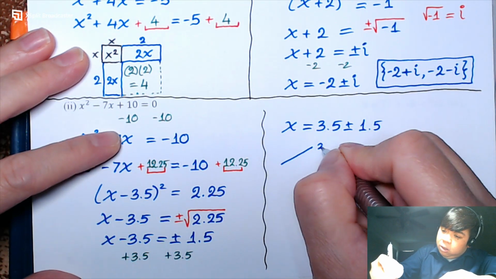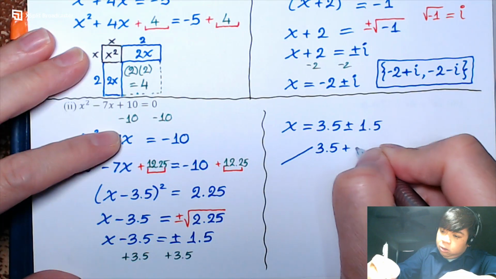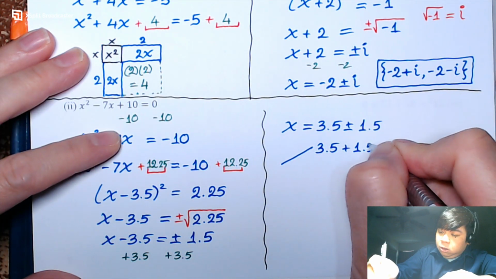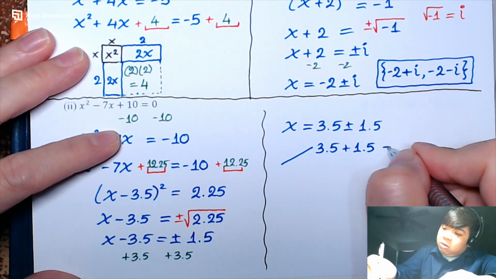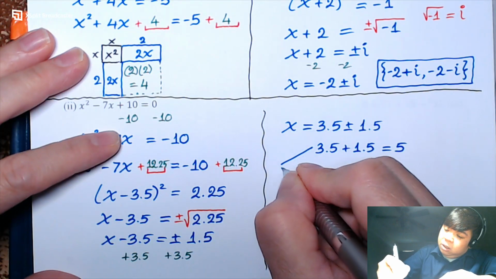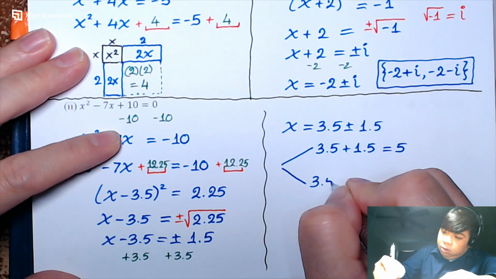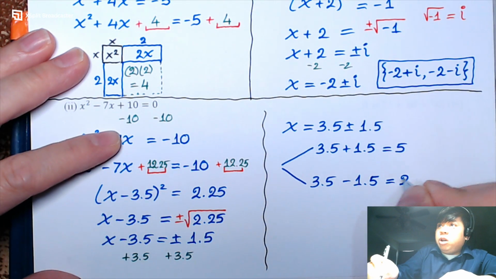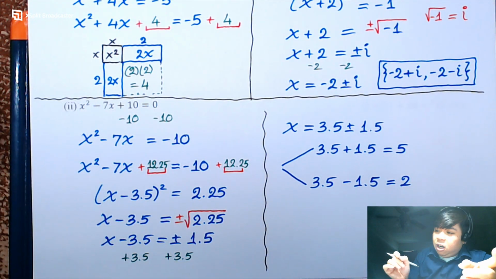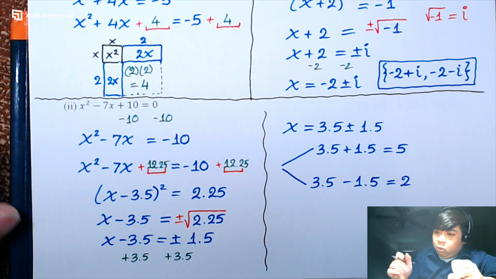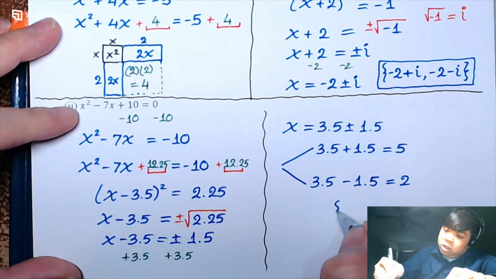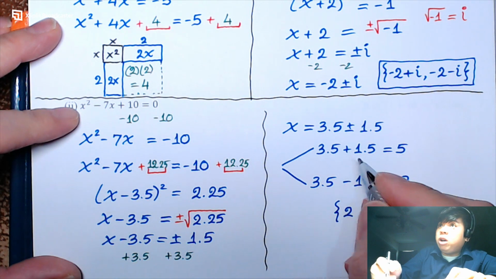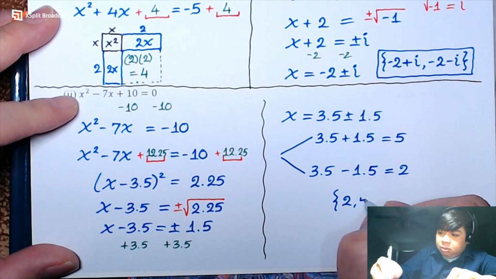The plus: 3.5 plus 1.5 is 5. And 3.5 minus 1.5 is 2. So if you look at the answer on the previous page, we have the same problem. The solution was 2 and 5, and if we do it this way, it's also 2 and 5.